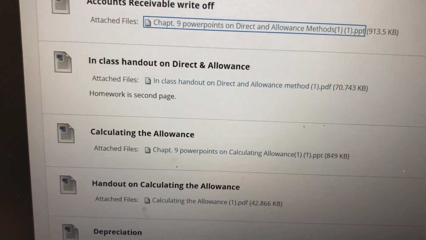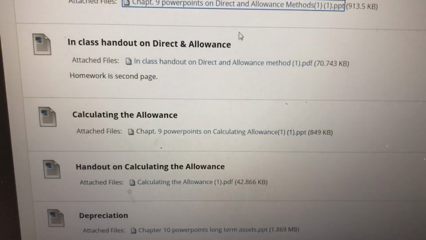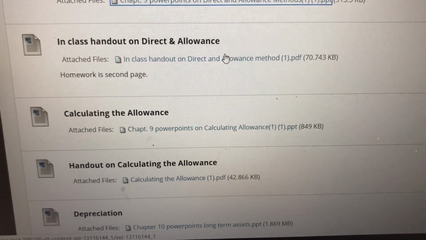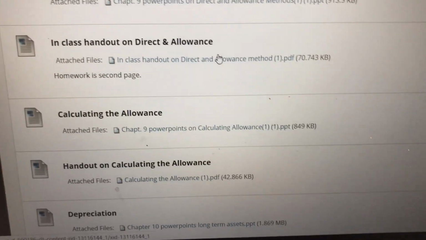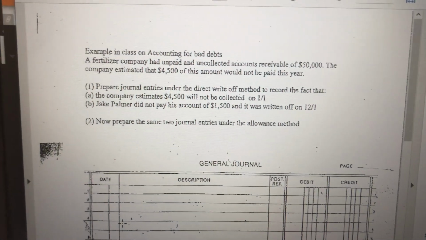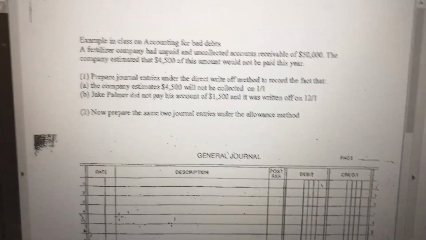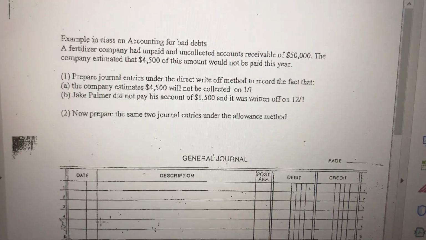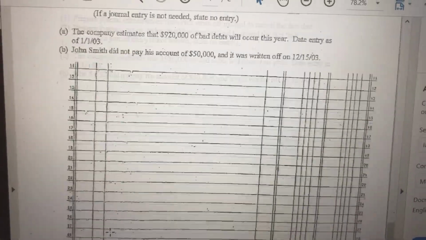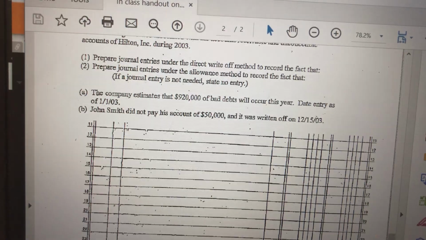I want to go back to the in-class handout, and the second page of this handout is going to be your homework problem. So let's pull that up, and I want you to print it out or either write out your journal entries or type them up. Follow along with me. This is a fertilizer company, and the second page is Hilton. You could say that's Hilton Hotels.